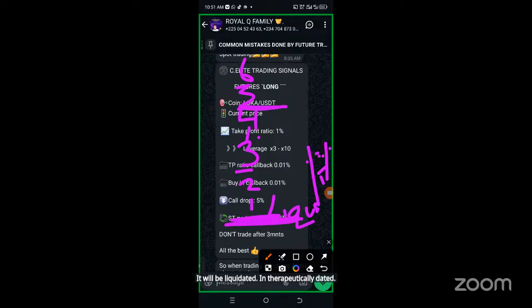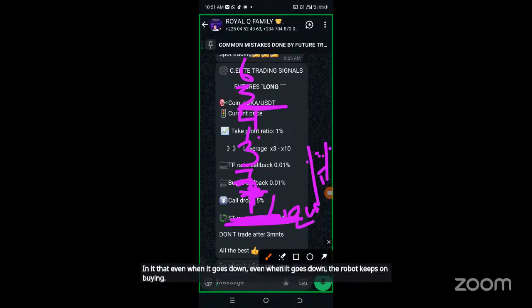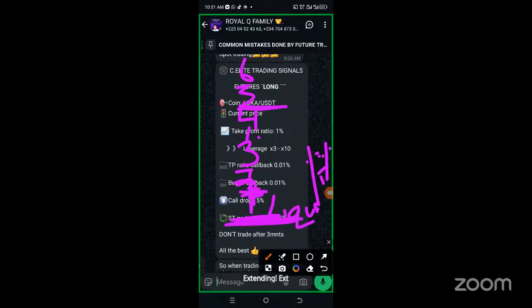Therefore, we trade with margin calls, so that even when it goes down, the robot keeps on buying, extending the liquidation price far away from the current price.